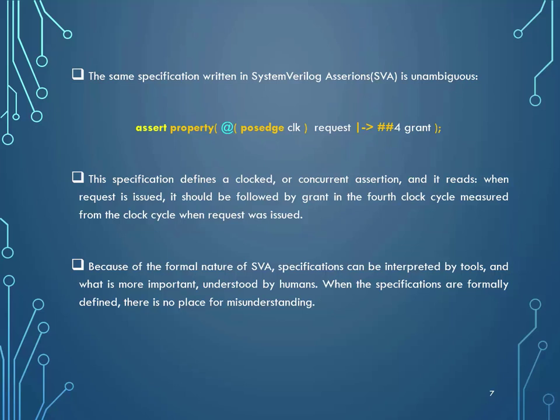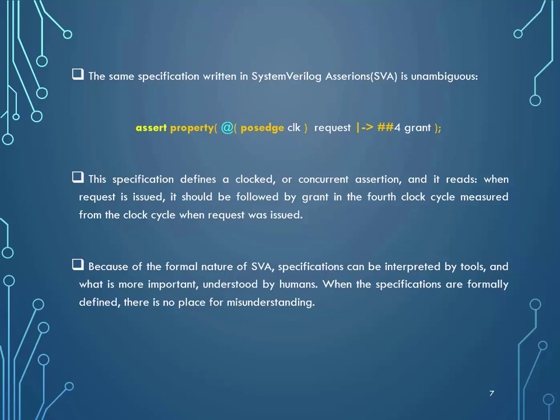Once the request is true, after 4 clock cycles, we have a grant. That's what is written, and that's what we meant. No more, no less. That. Going to the question. Okay?